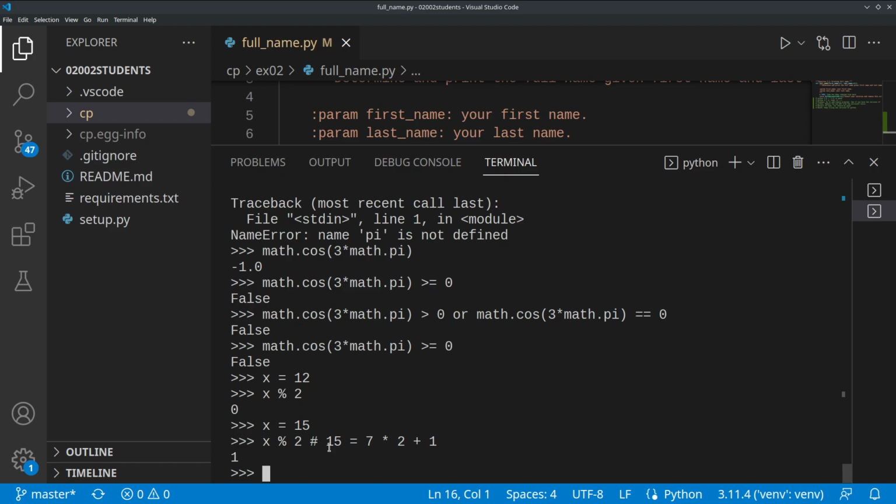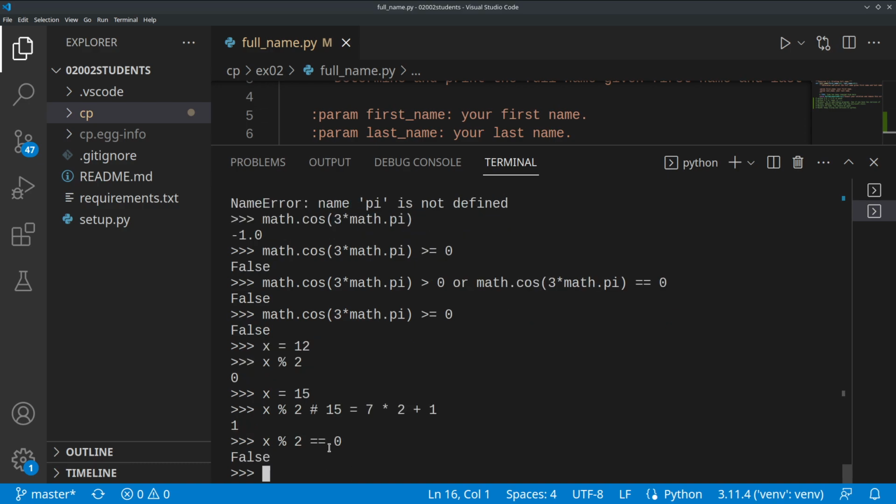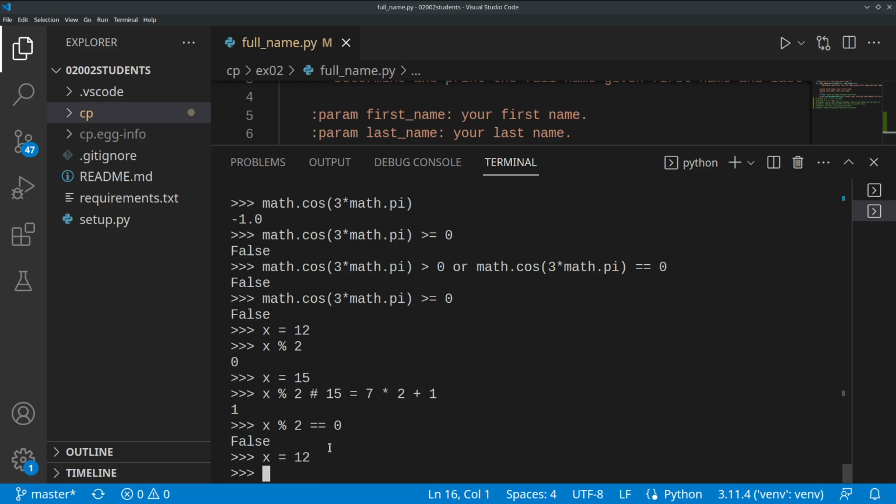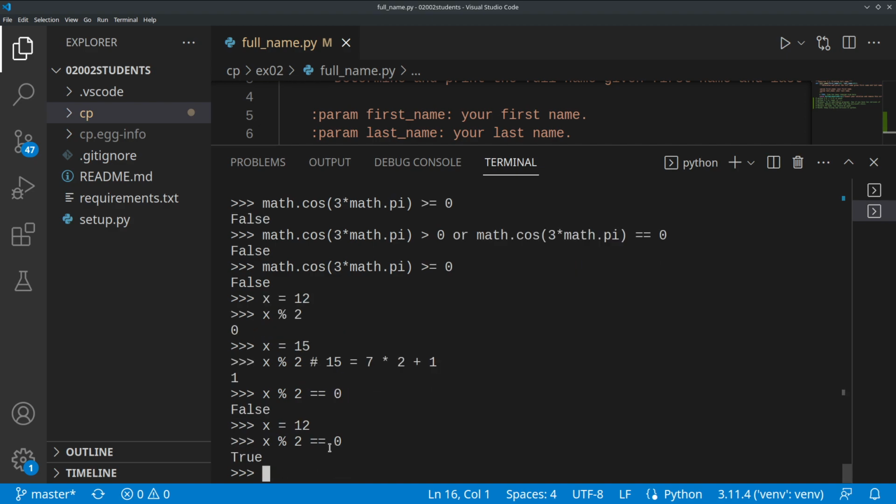Okay, so now we can use that to check if x is divisible by 2 or even by just saying x modulo 2 is equal to 0. That's only true if x is even. And we can check that that works for other values than 15 by, for instance, going up and trying with x equal to 12. And we'll see that it correctly says that's 0.